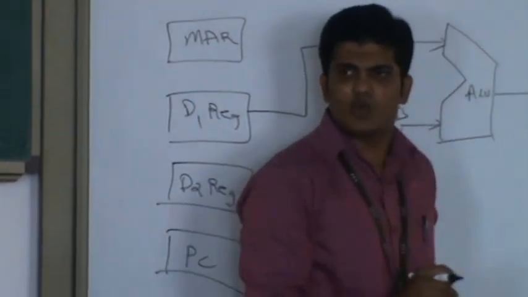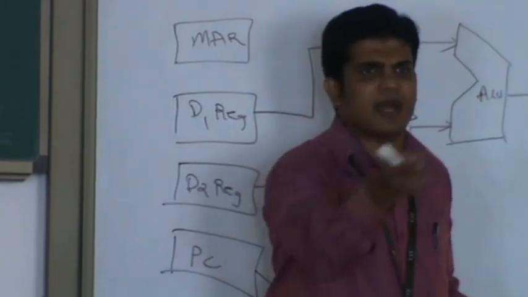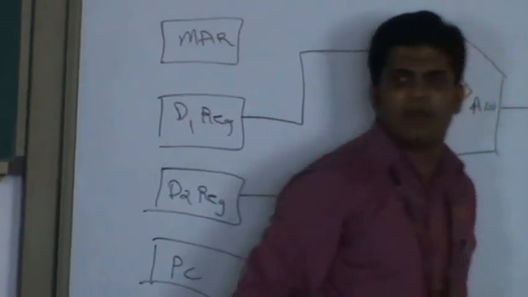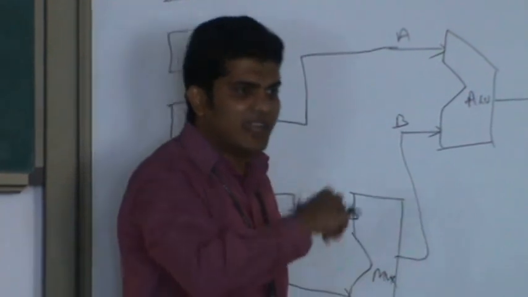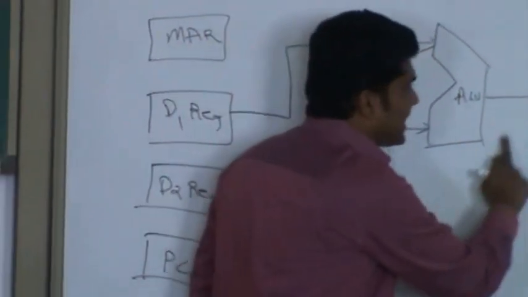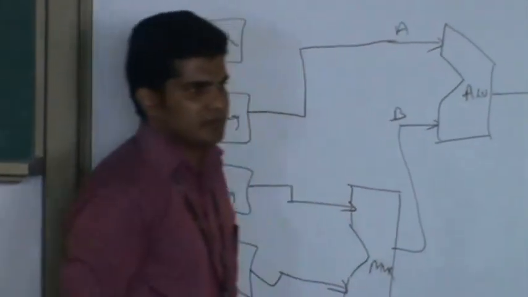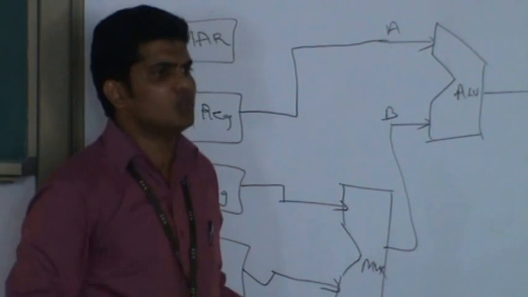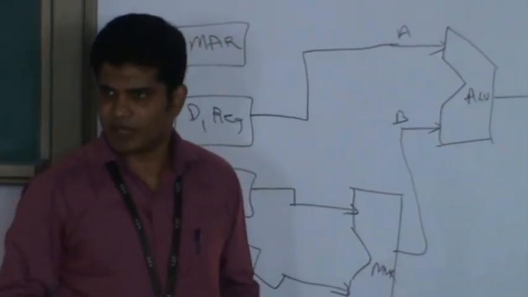If we are going to do a read operation on the memory, the data has to come from the memory. Clear? If we are going to do a write operation on the memory, the data has to go out from the processor to the memory. I repeat, you can do two operations, a read operation or a write operation.